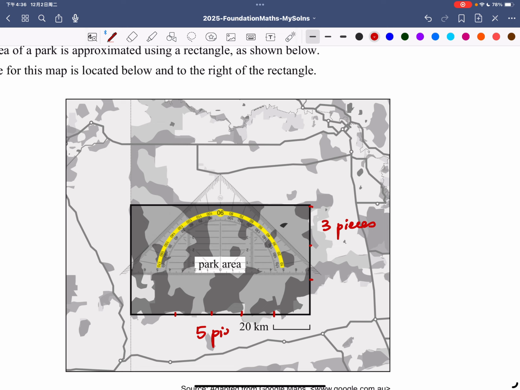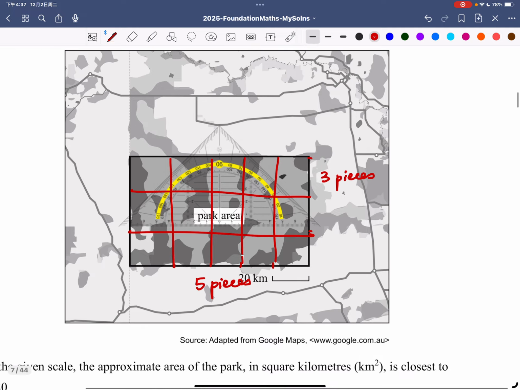This is like 5 pieces. Eventually, you can break the rectangular park area into, this is a crappy drawing, but you get what I mean here. You have 15 identical squares.